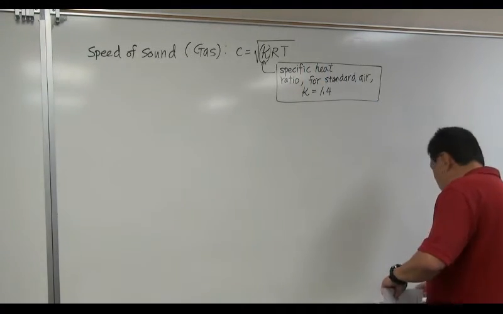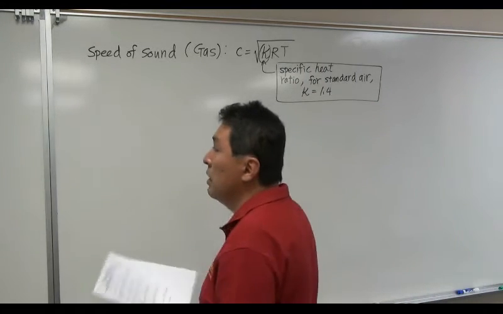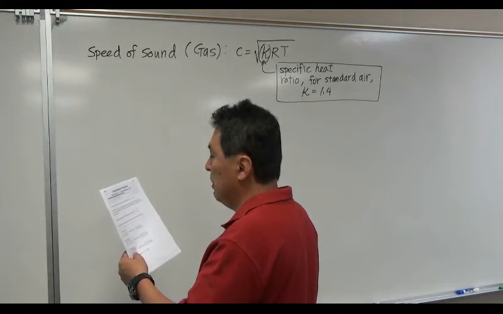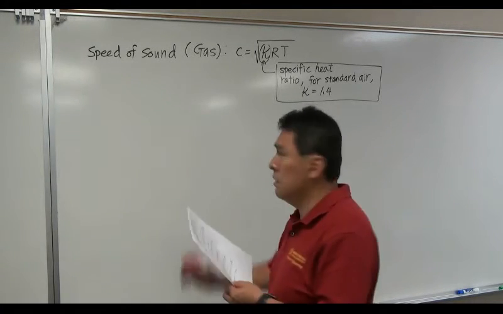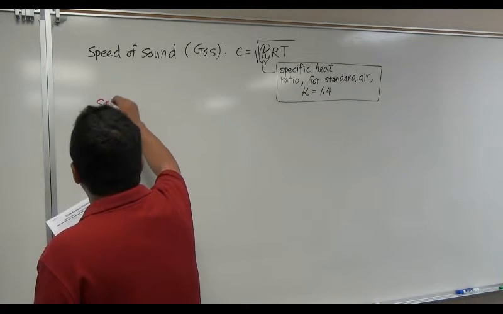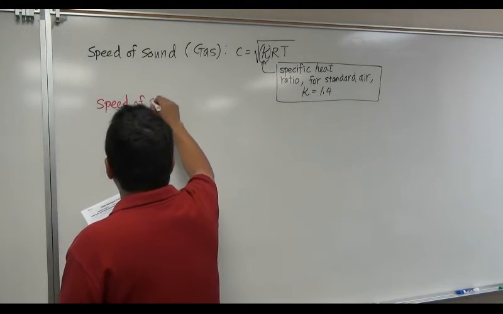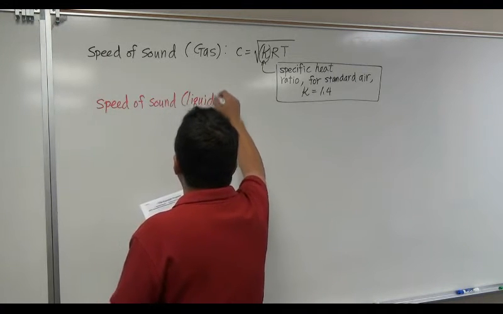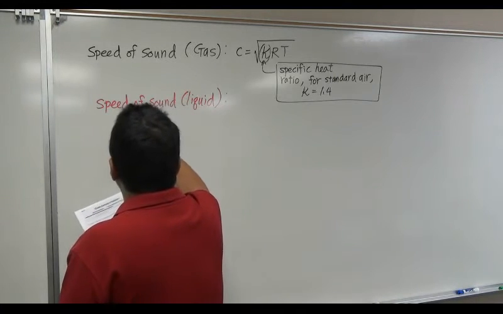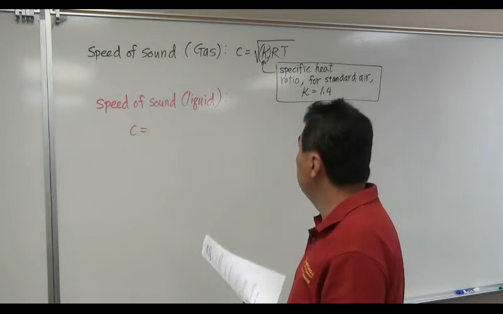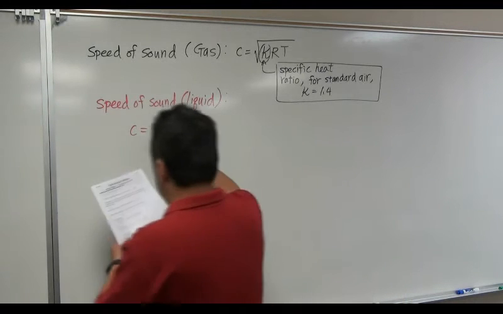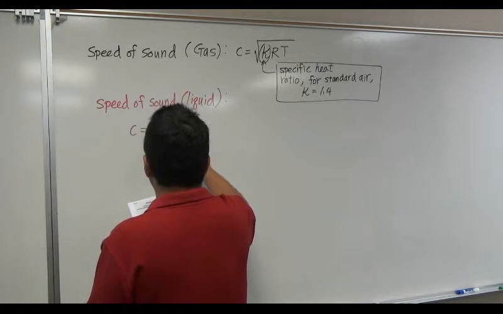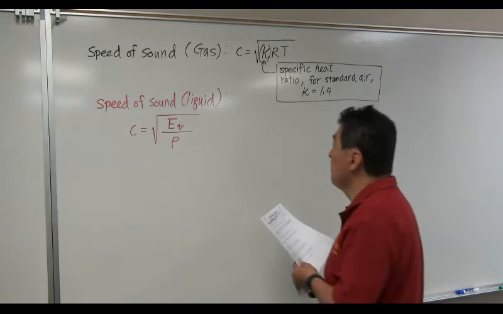Now, the important thing about this problem is, you need to take a look at it again. You are looking for the speed of sound in gasoline, mercury, and seawater. Those are not gas, they are liquids. Now, this is something we didn't cover, but in the case of liquid, speed of sound is given by this equation: the square root of EB over rho.